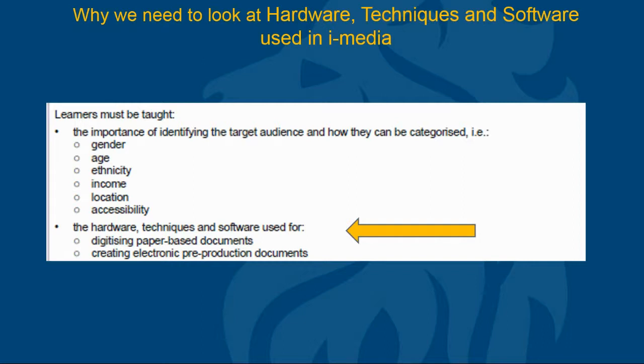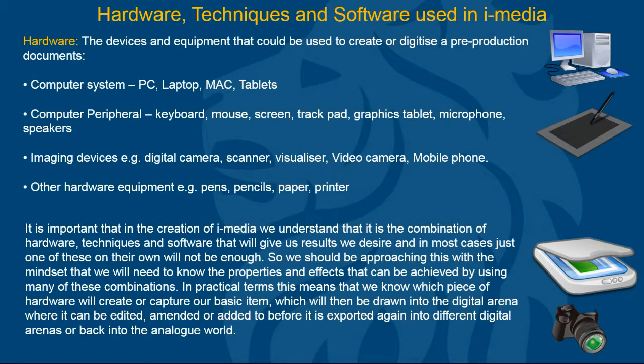So let's first of all have a look at hardware. Now I told you in the intro that hardware was obviously the things that you can touch. So you can see a couple of the items here. Your PC system, of course, your PC, your laptop, your Mac, your tablet, whatever it is that you're actually using. Peripherals such as keyboards, mice, screen, the trackpad, graphics tablet, microphone, speakers, all the different imaging devices, digital cameras, scanners, visualizers, video cameras, and mobile phones nowadays as well come into that.